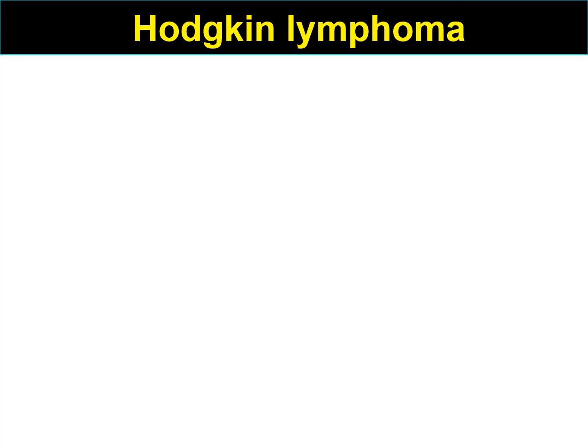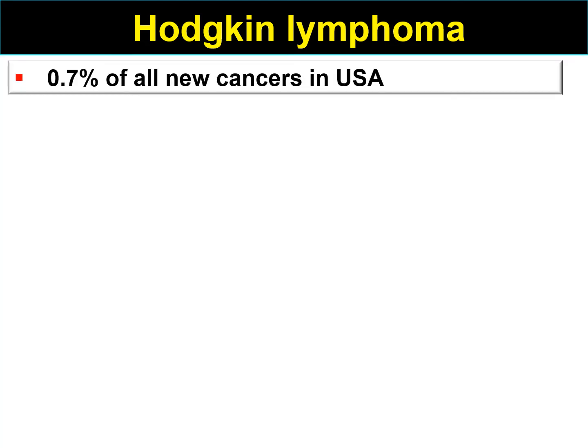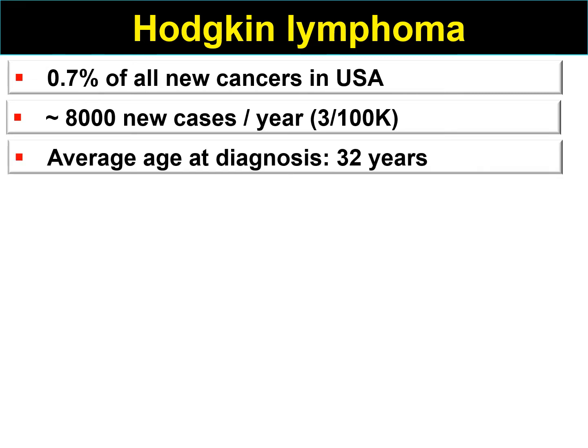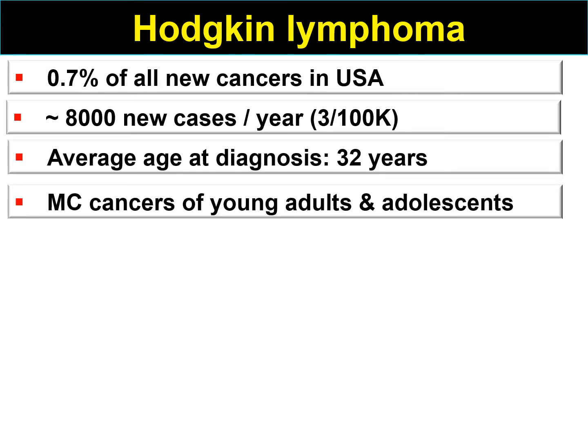Now the epidemiology of this disease: it is 0.7% of all new cancers in the USA. About 8,000 new cases per year are diagnosed. That comprises about 3 per 100,000. The average age at Hodgkin disease diagnosis is 32 years.